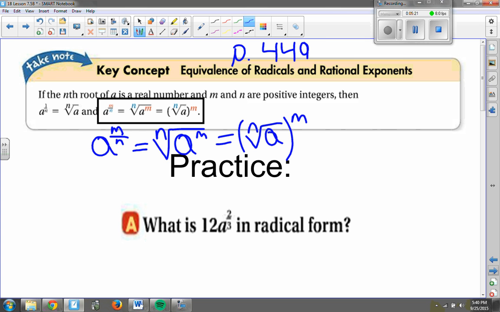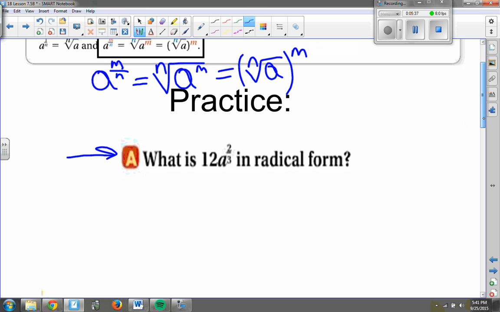Then we will go on and look at this first example problem. What is 12 times a to the 2/3 power in radical form? Let's look together at that problem. Here's what I need to notice first: I need to look at this expression and decide how many pieces I have and how many of them have an exponent.